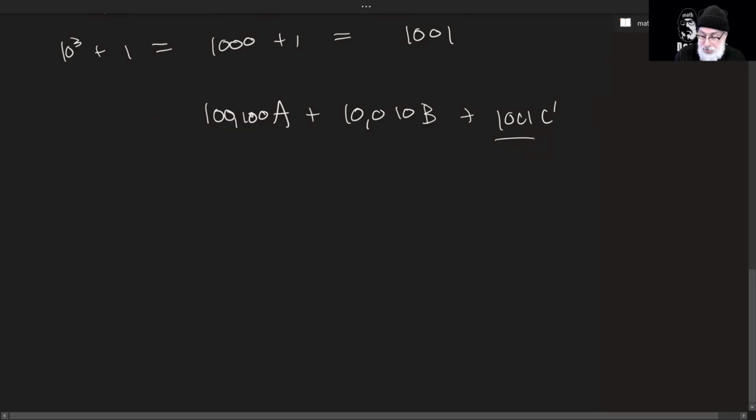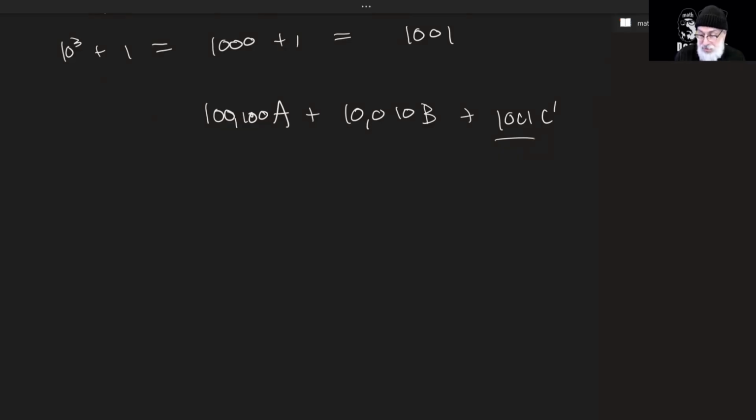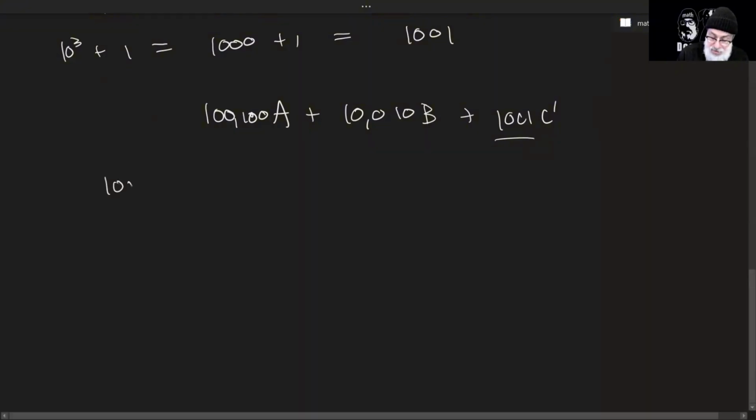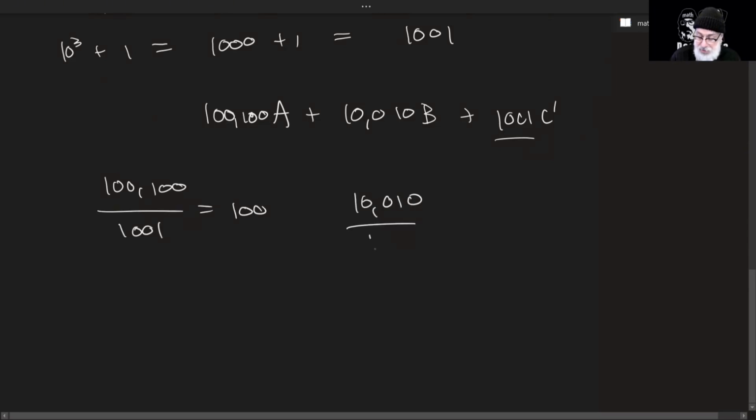But we also know possibly that 1,001 will come out of here. So let's see, 100,100 divided by 1,001 is 100. 10,010 divided by 1,001 is 10. Of course, 1,001 divided by 1,001 is 1.